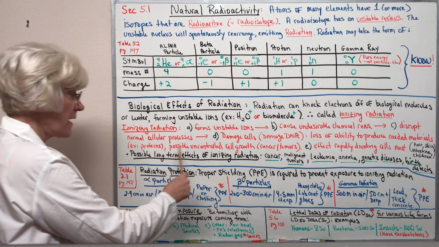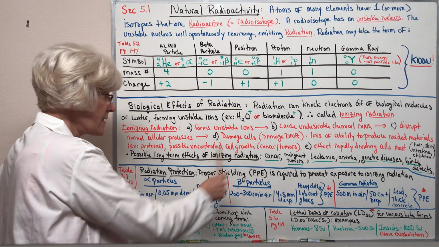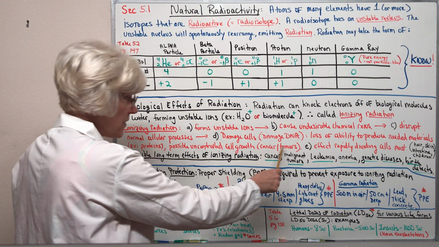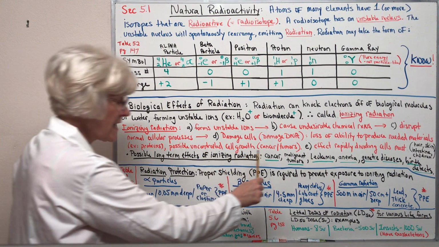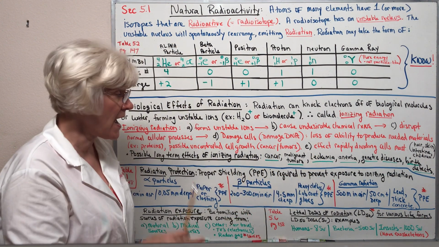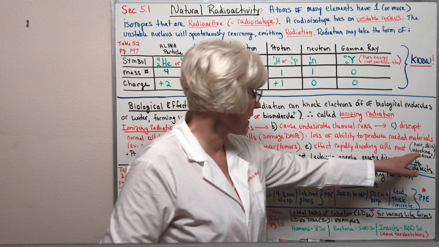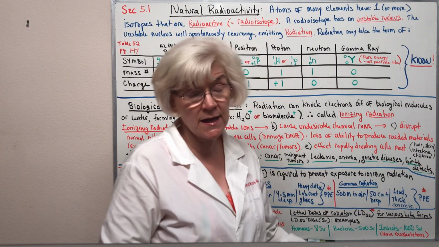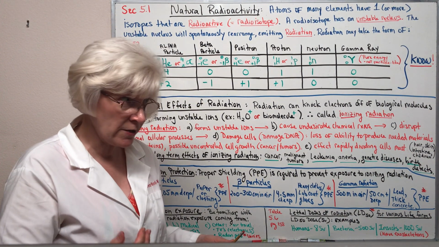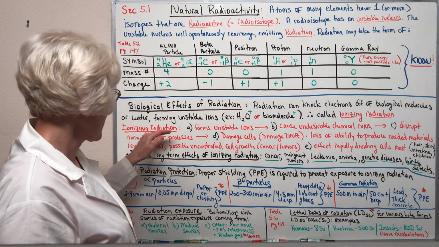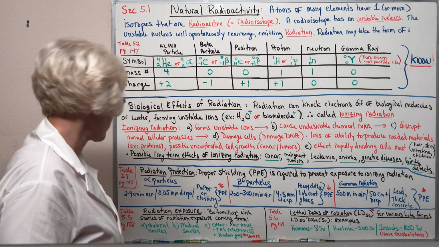Or the cell can possibly become uncontrolled in its cell growth, leading to cancer or tumor formation. Notice the effects of ionizing radiation are most pronounced on rapidly dividing cells, such as hair, skin, the lining of the intestine, and of course, children are rapidly growing, undergoing rapid cell division, so ionizing radiation can have pronounced effects on growing children.